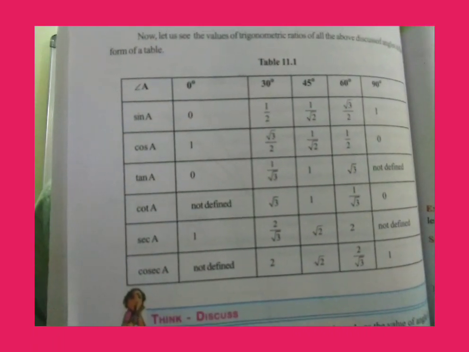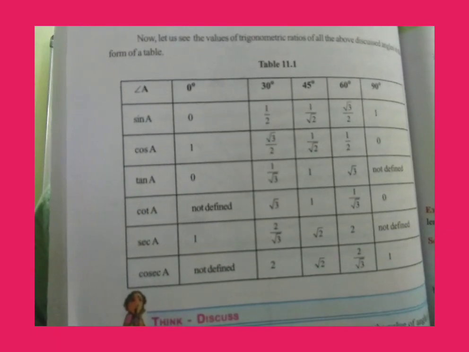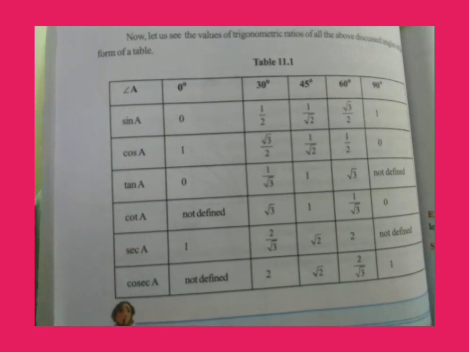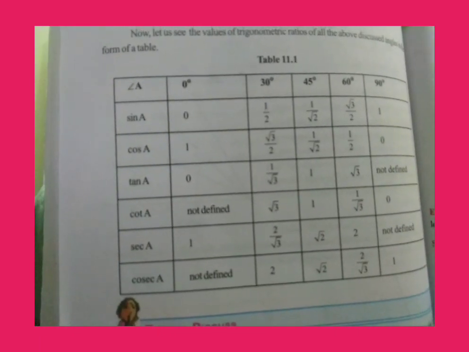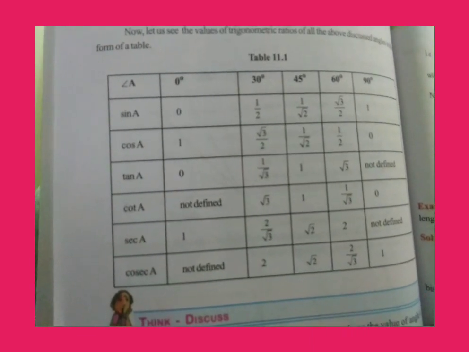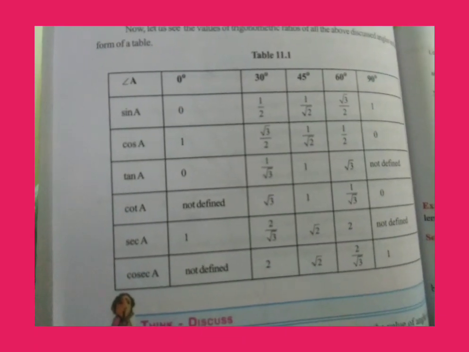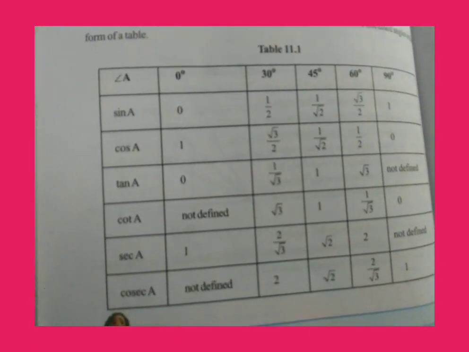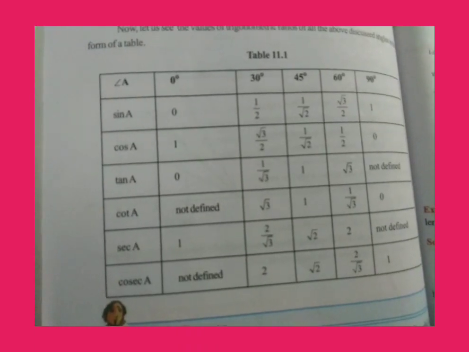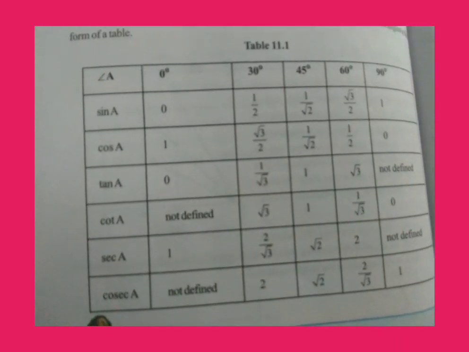All these things, whatever we discussed till now, can be represented in a single tabular form. So look at this here. Just now we mentioned an angle as some A, that is sin A, cos A, tan A, cot A, secant A and cosecant A. In place of A, you can replace any value, like sin B, sin C or sin theta, cos theta.